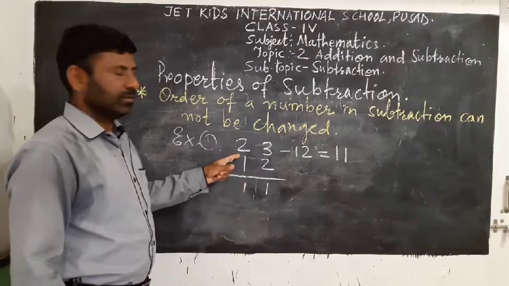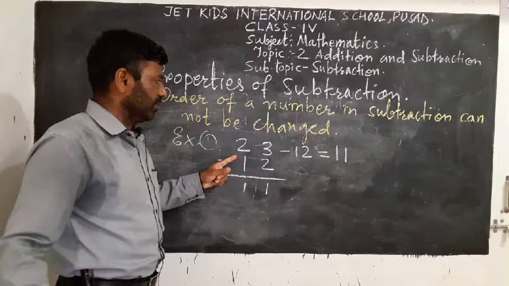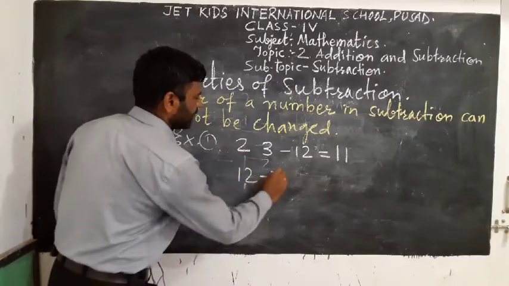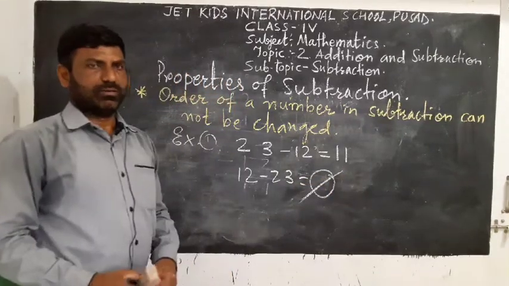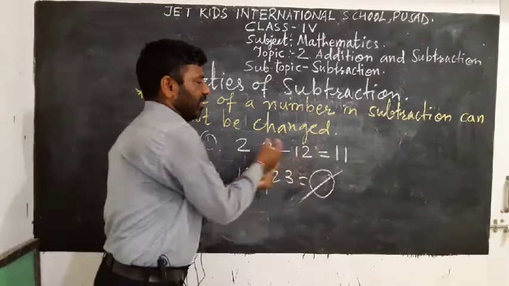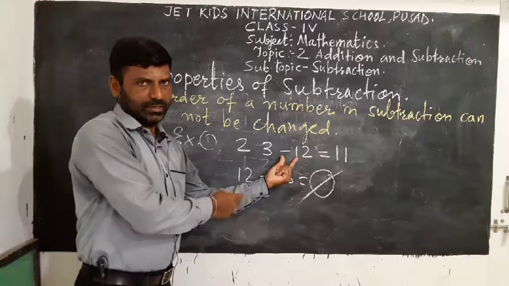Right? But if we change the order and write 12 minus 23, it is not possible. Understand? If you change the order of the numbers in subtraction, you will not get an answer.